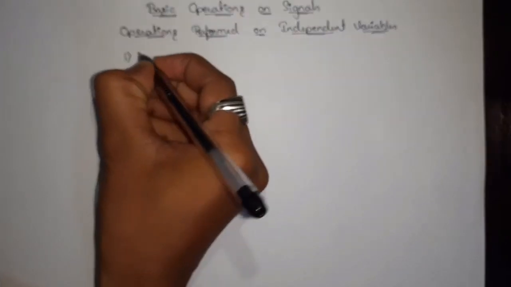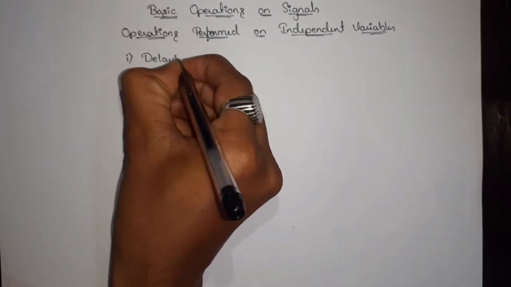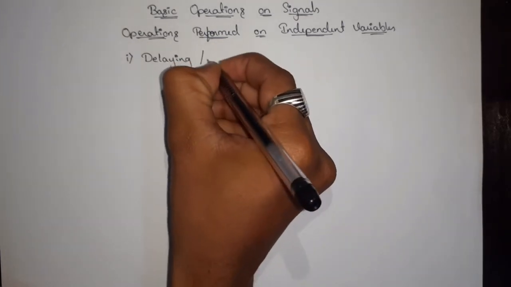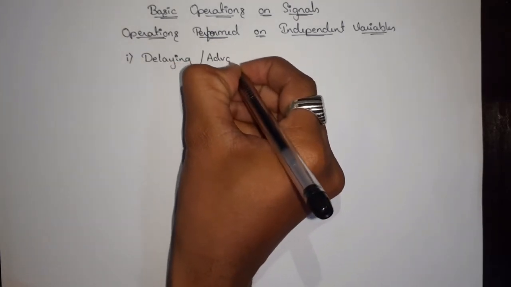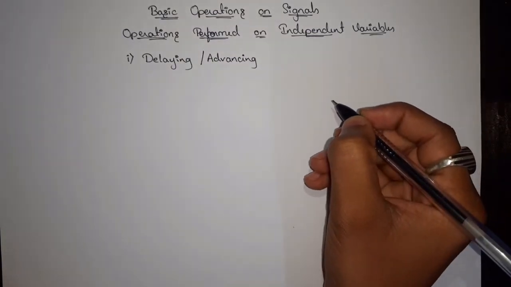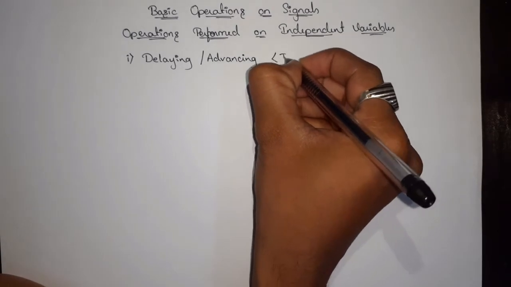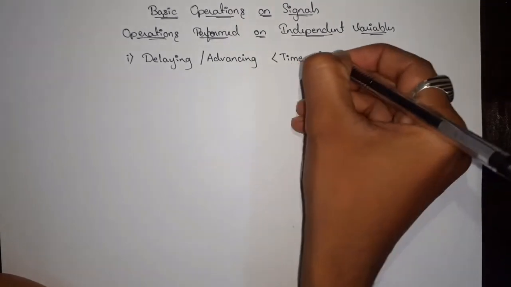Let us see. The first operation is delaying or advancing. We call it time shifting.